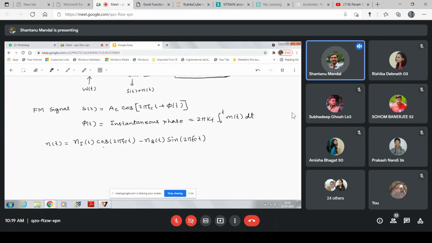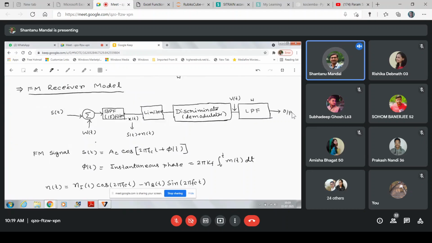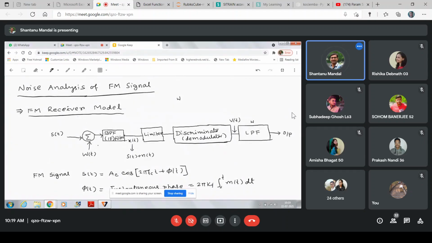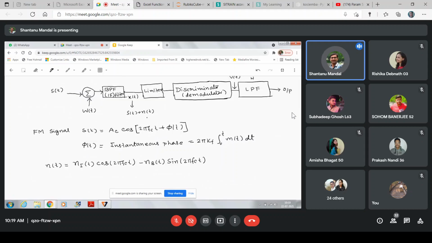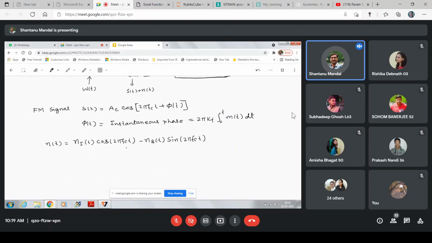The white noise w(t) is passed through the band pass filter, and the output is narrow band noise, which has an in-phase component and a quadrature component.